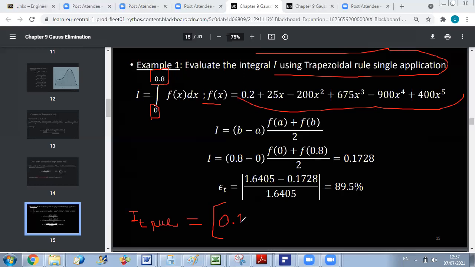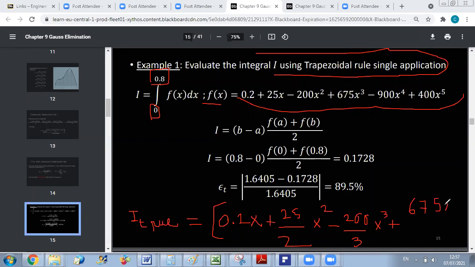So I have 0.2x plus 25 over 2 x squared minus 200 over 3 x cubed plus 675 x^4 over 4 minus 900 x^5 over 5 and plus 400 x^6 over 6.